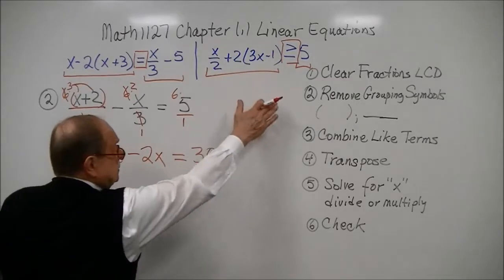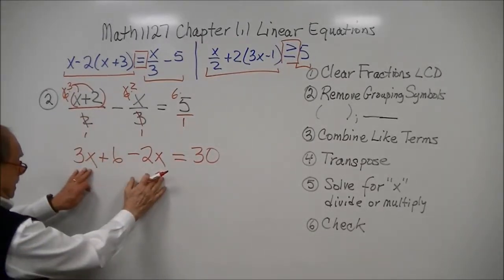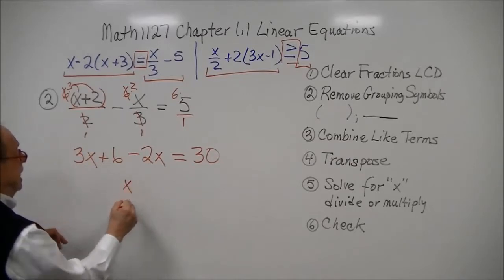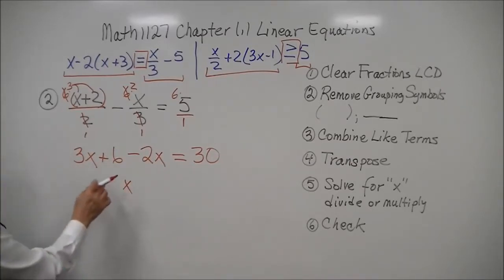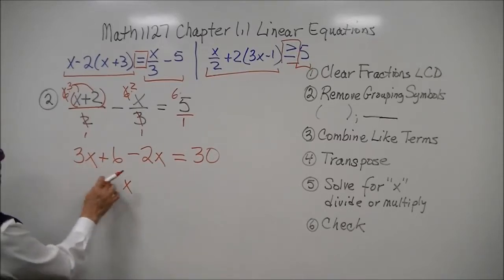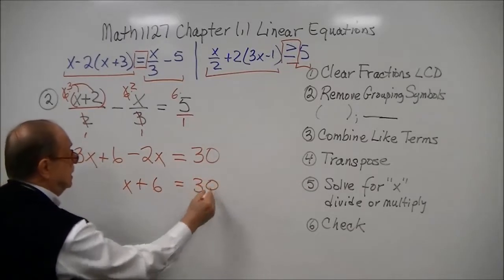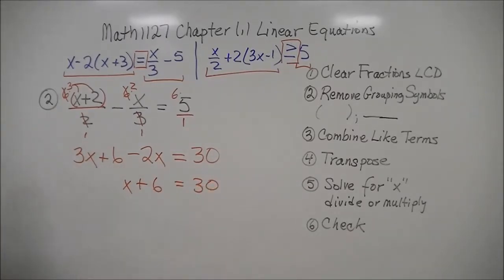We've done the first 2 steps. We're now going to do the 3rd step, combine like terms. This just gives us an x plus 6 equals 30. Now we have grouped like terms. We're going to transpose.